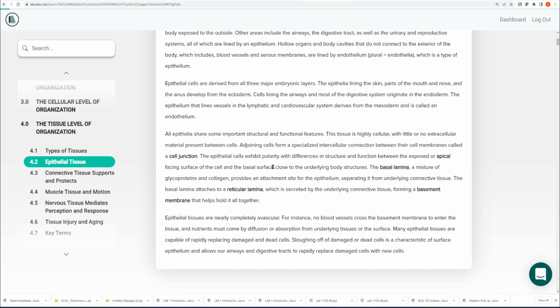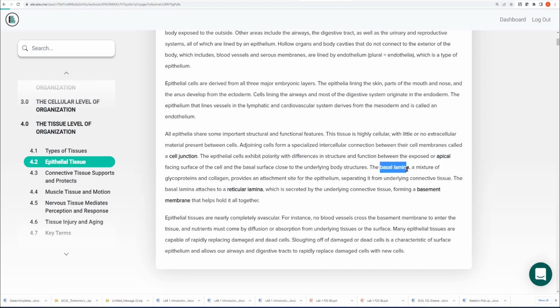There's a basement membrane. Remember, the basement membrane is the connector or the separator between the epithelial and the connective tissues below. The basement membrane is actually composed of two layers. The basement membrane is partly made up of what's called the basal lamina. You'll see this in a moment.